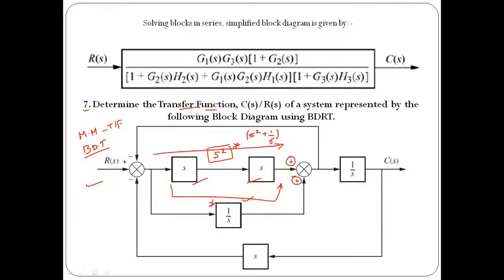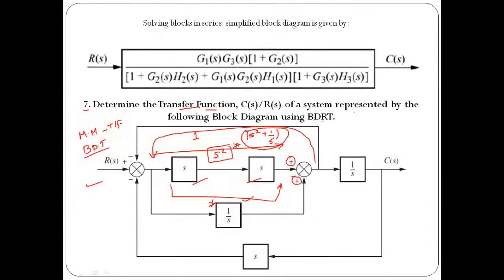And then this gain will be in eliminated closed loop form with respect to this feedback path. Which one? This one. Because here we need to apply elimination of closed loop, where the forward path gain will be s square plus 1 by s, and for the feedback path we don't have any gain here, so it will be 1.